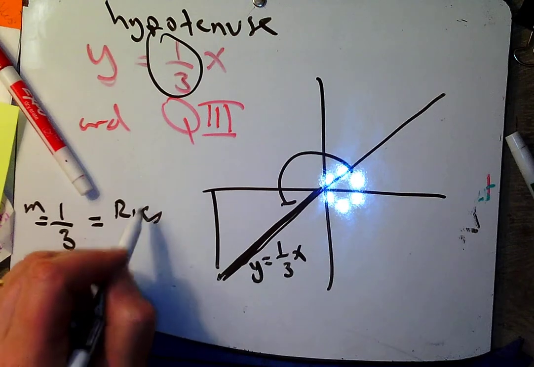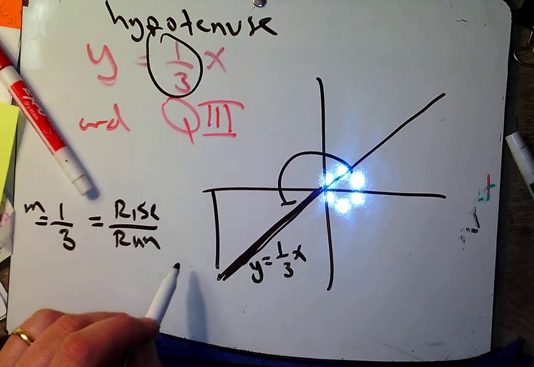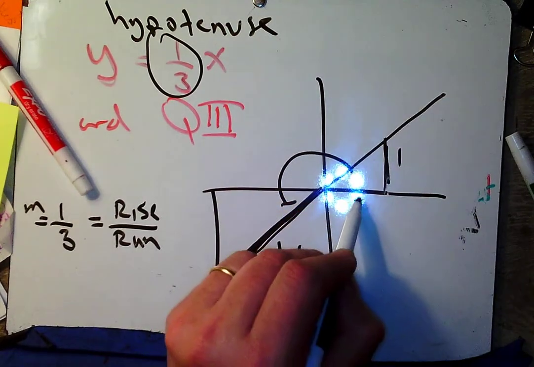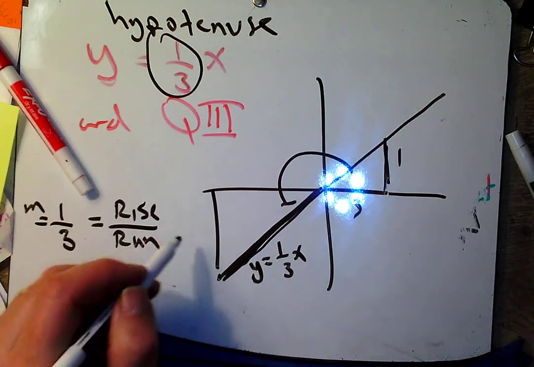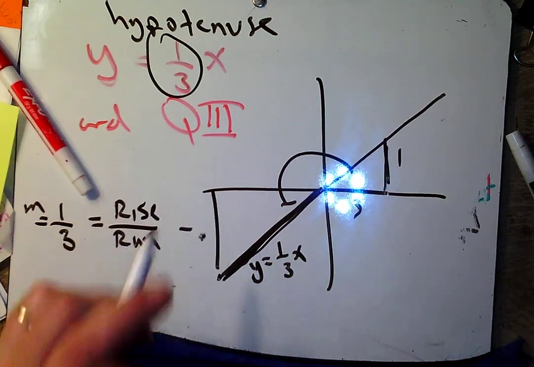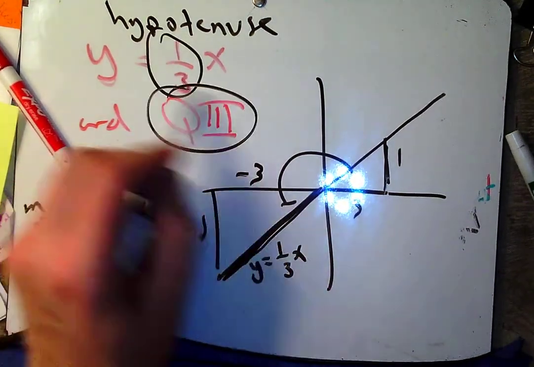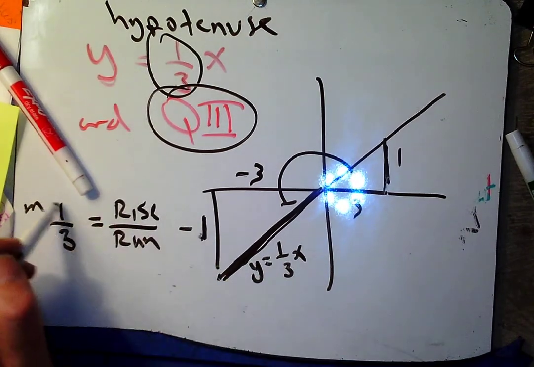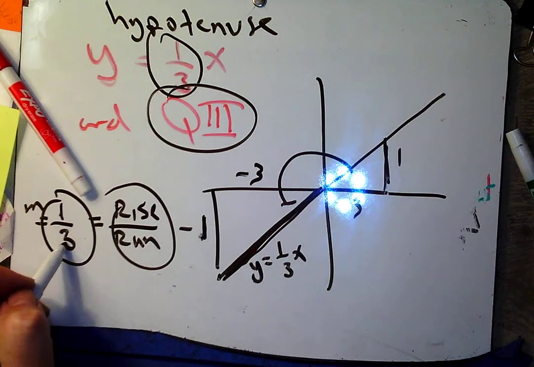Isn't slope rise over run? So I'm going to go over 3 and up 1. Oh, except over here, I'm going to go down 1 and backwards 3. They told me I was in quadrant 3, so I needed to use this slope to help figure out what the x and y values were.